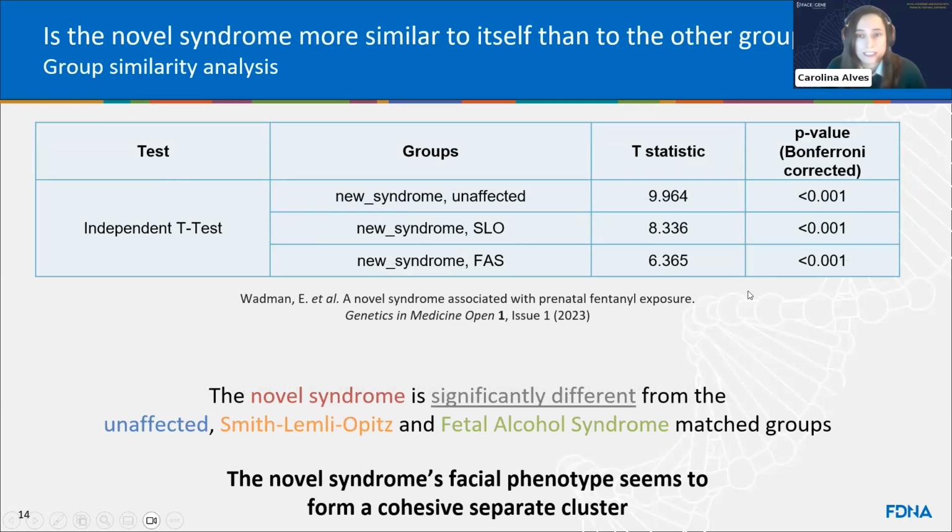And based on these results, we can say that the novel syndrome intragroup similarity was indeed significantly different and, as we saw before in the other plot, higher than the similarity with the other groups. So these findings suggest that the novel syndrome has a facial phenotype associated with it that is cohesive and separates well from the phenotypes of the other syndromes and also the unaffected groups.